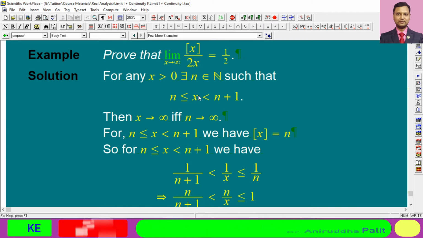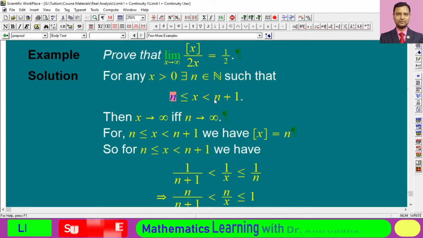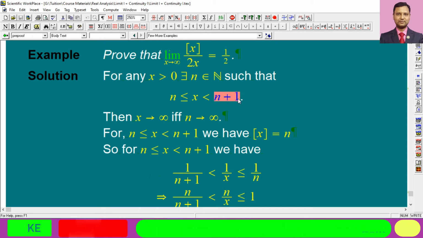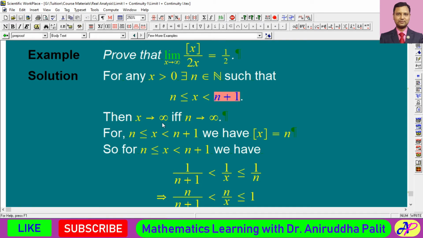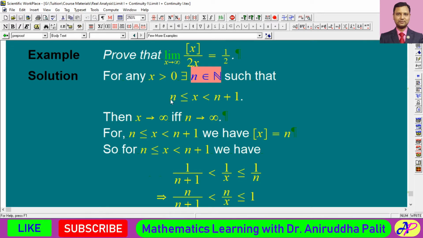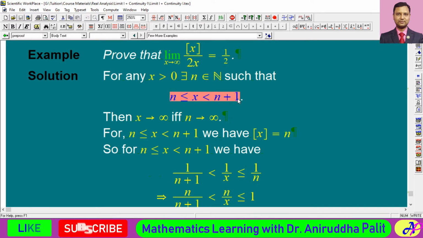Therefore, if x is equal to 17, then n would be 17 and n plus 1 would be 18. So for each x greater than 0, there exists a natural number n such that n is less than or equal to x, and that is less than n plus 1.